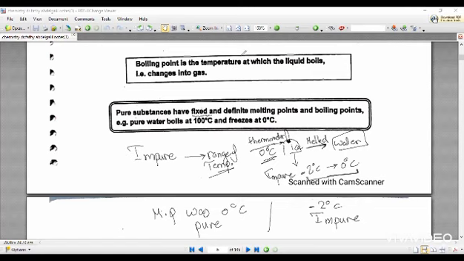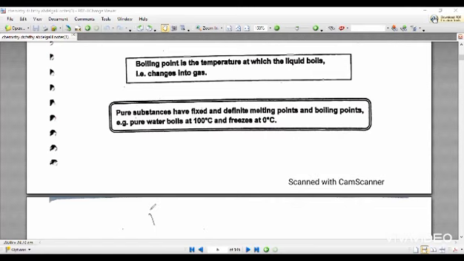This is for the melting point. And for the boiling point, if the original pure substance was 100 degrees Celsius, you will find the impure one about 102 degrees Celsius. Any number above 100, but near to 100, 102, 103, anything.